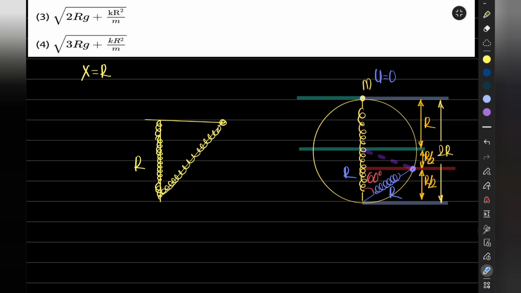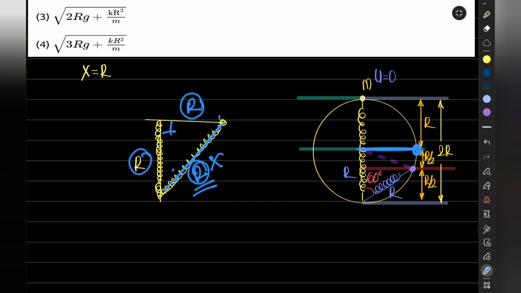So suppose some student is solving the same question by taking this position as the final position and saying that this length will be the natural length having value r, then what is wrong here is this is our radius, so this length will also become equal to r. If this length is r and this length is r, how can we say that this one will be r? Because this angle is 90 degrees and according to the Pythagoras theorem this one is the hypotenuse, which is the longest side of the triangle. So we cannot take this length as r.